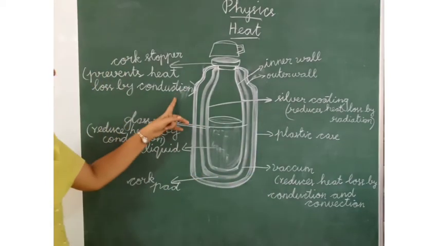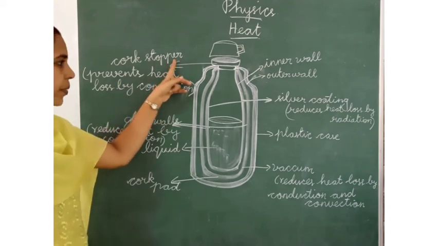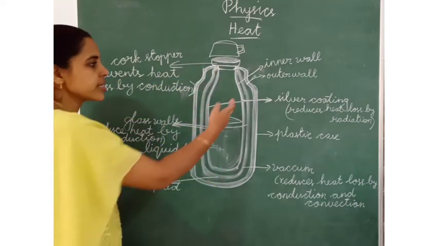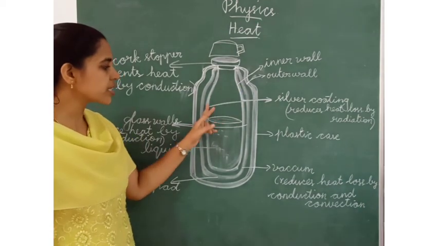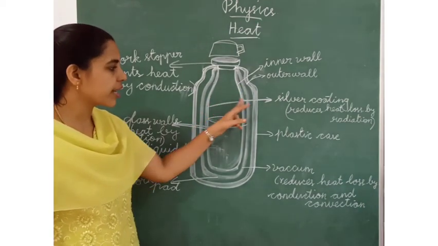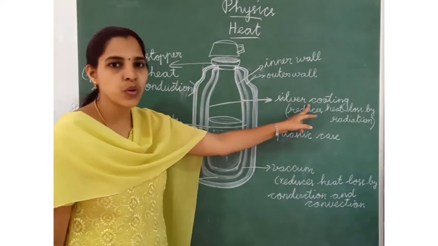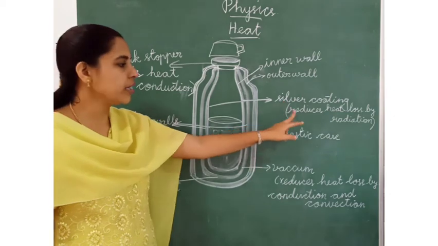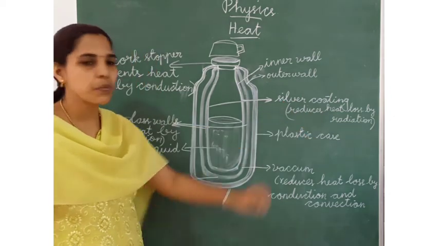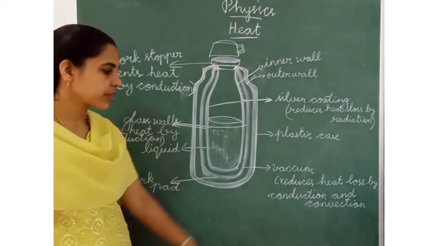And the next part is the cork stopper. The inner surface of the outer wall and the outer surface of the inner wall are silver coated. What is the use of this silver coating? It reduces heat loss by radiation.